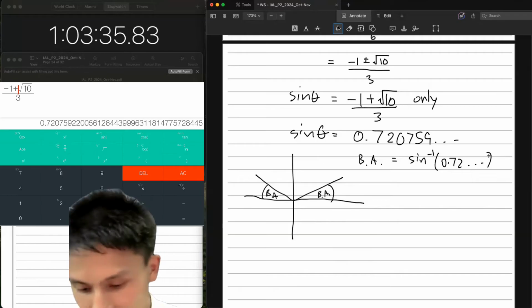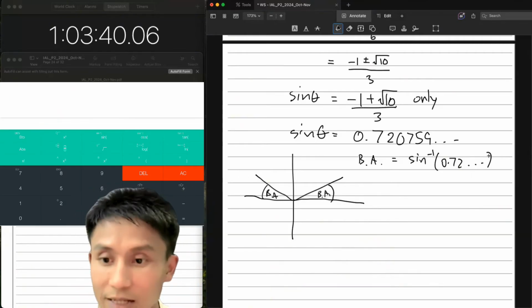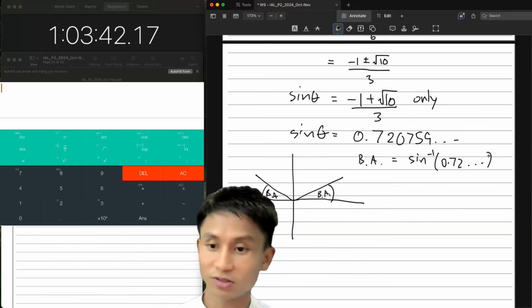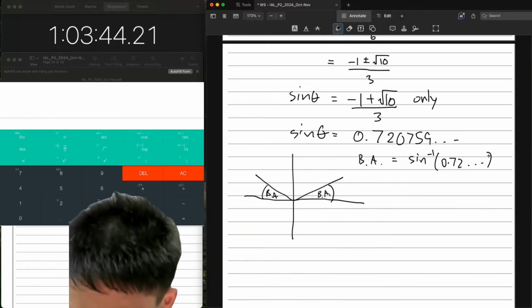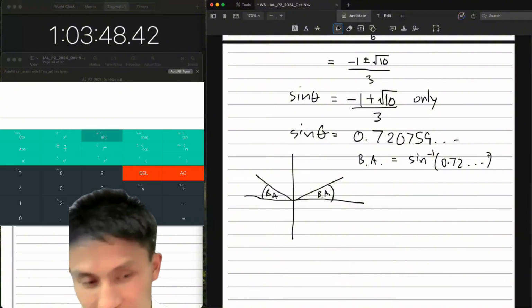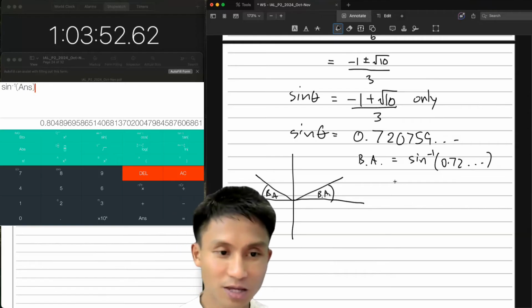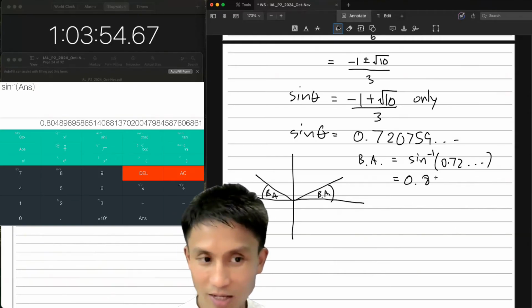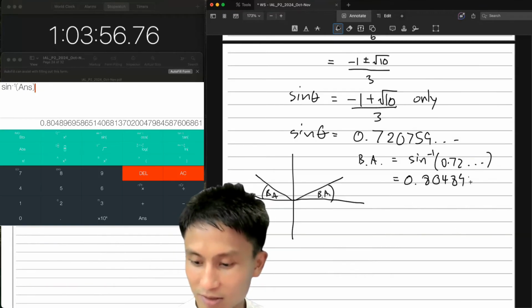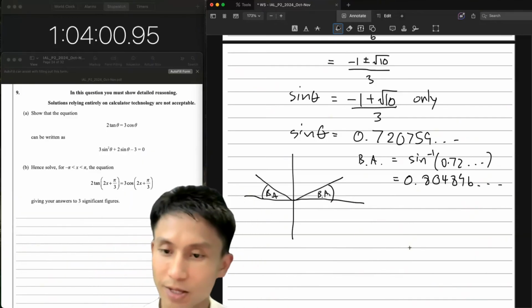Because I already have that stored in my calculator, and this will be in radians, just to be careful, I'm going to change that to radians first, and then I do arcsine of my answer, right? So that gives me about 0.804896 and so on. Okay, that's my basic angle.